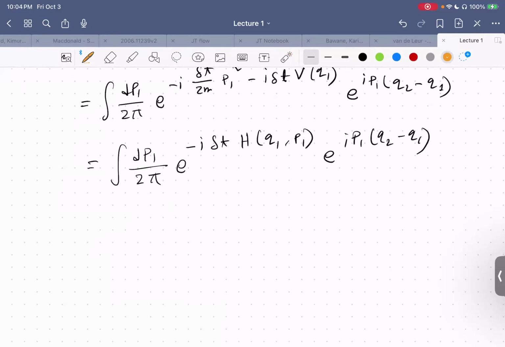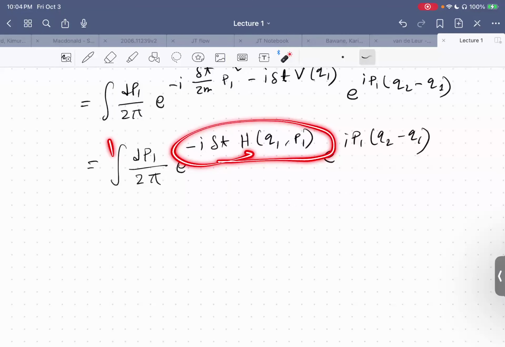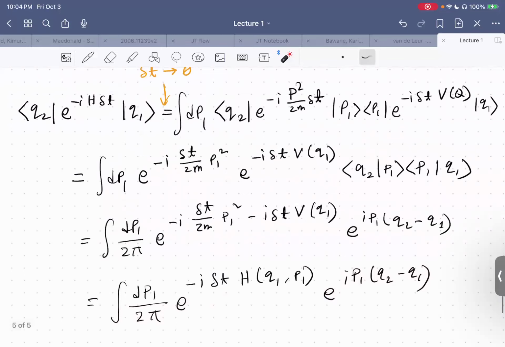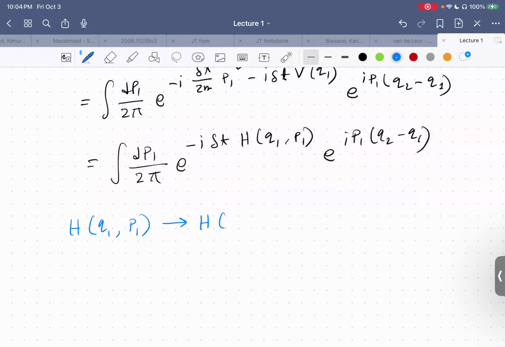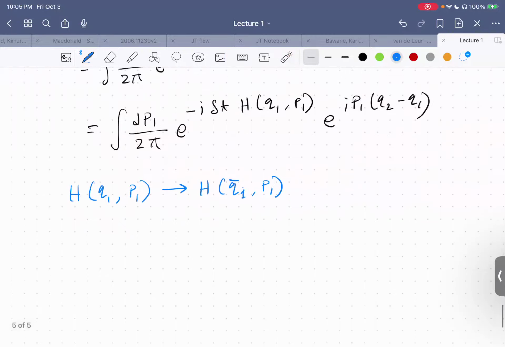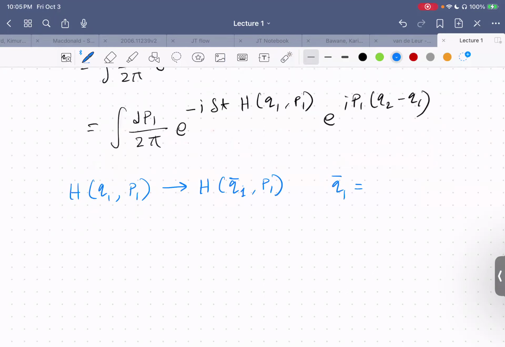What we are going to do is, instead of taking the expression that we got from this computation, replace our H of Q1 and P1 with H of Q1 bar and P1, where Q1 bar is a symmetric combination of Q1 and Q2.